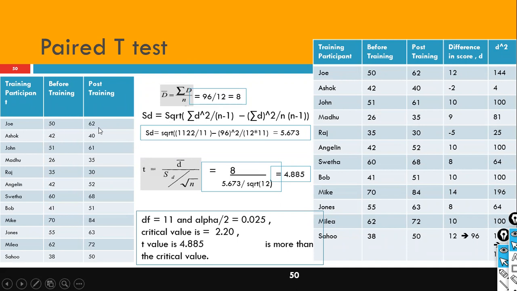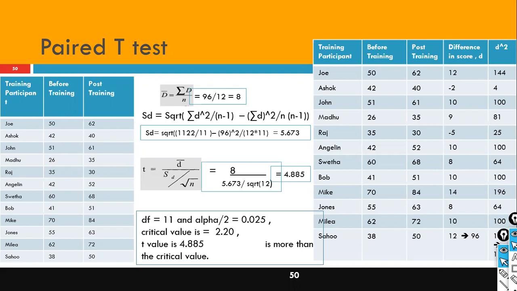Let's say in your project you are a project manager managing a 20-member team, and you can see that 10 employees' performance is not up to the mark. You are trying to train them in the relevant skill set. After training, you want to check whether there is any improvement in productivity or not. Got it? That's all.